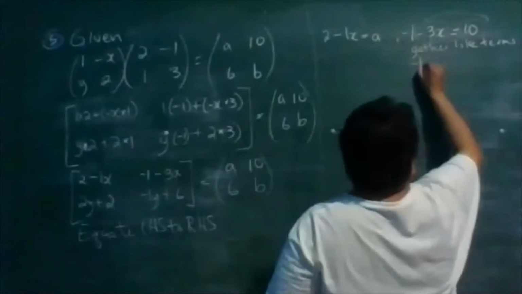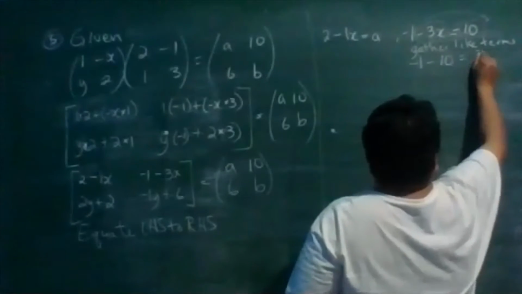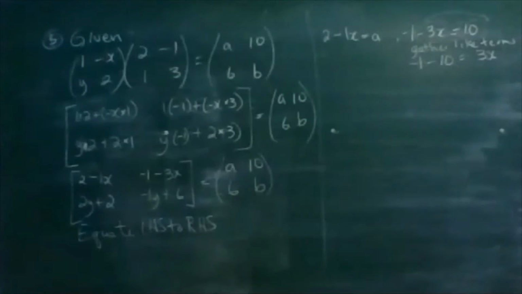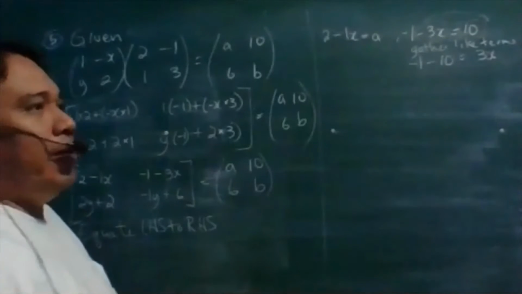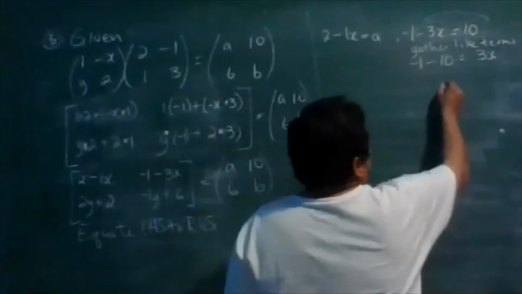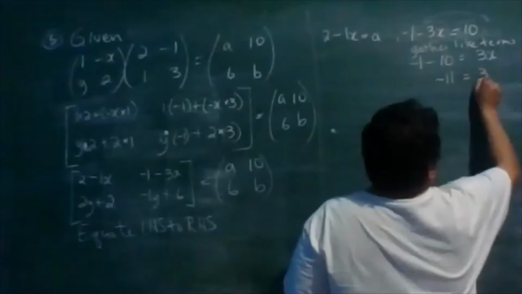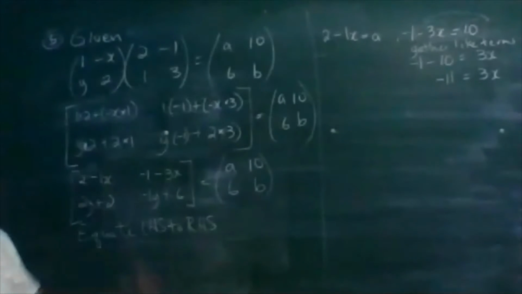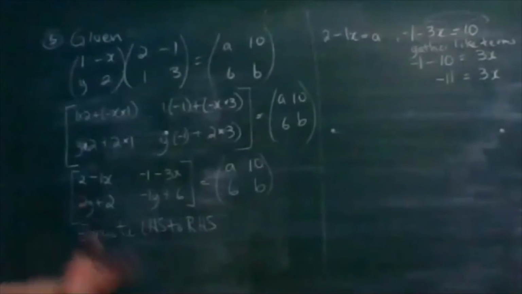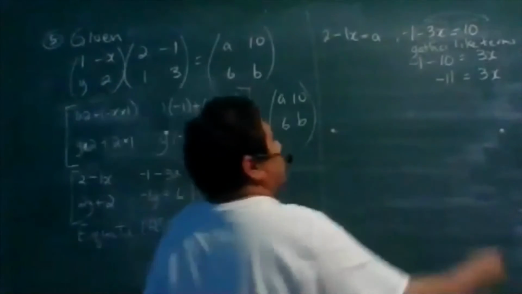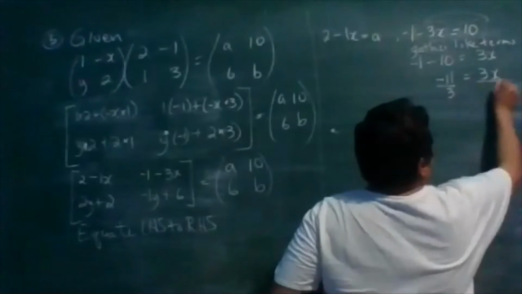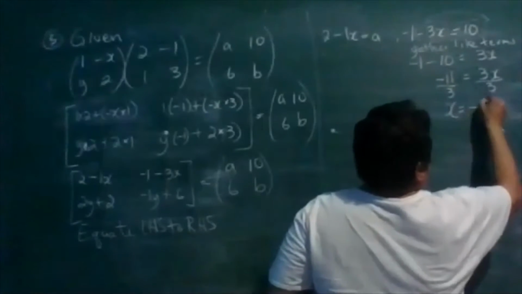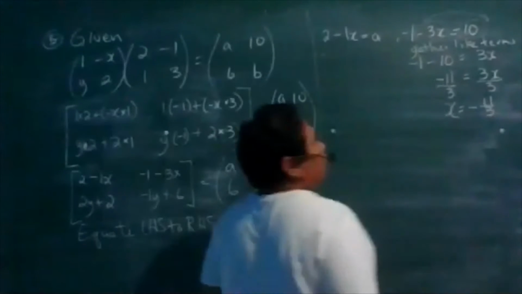So I'm going to have negative 1 minus 10 equals 3x, which obviously negative 1 minus 10 will be negative 11 equals 3x. And I don't want the value of 3x, I want the value of x. So I'll divide both sides by 3. So x is actually going to be negative 11 thirds.